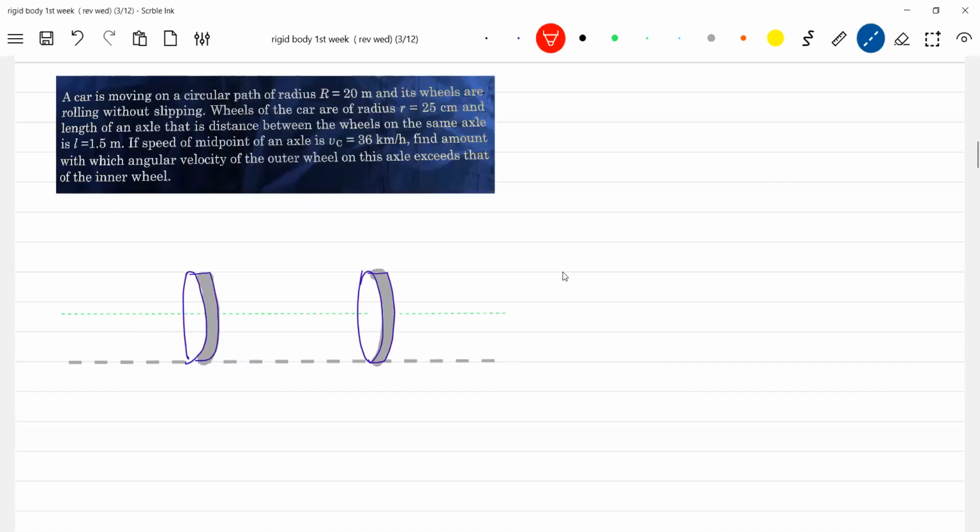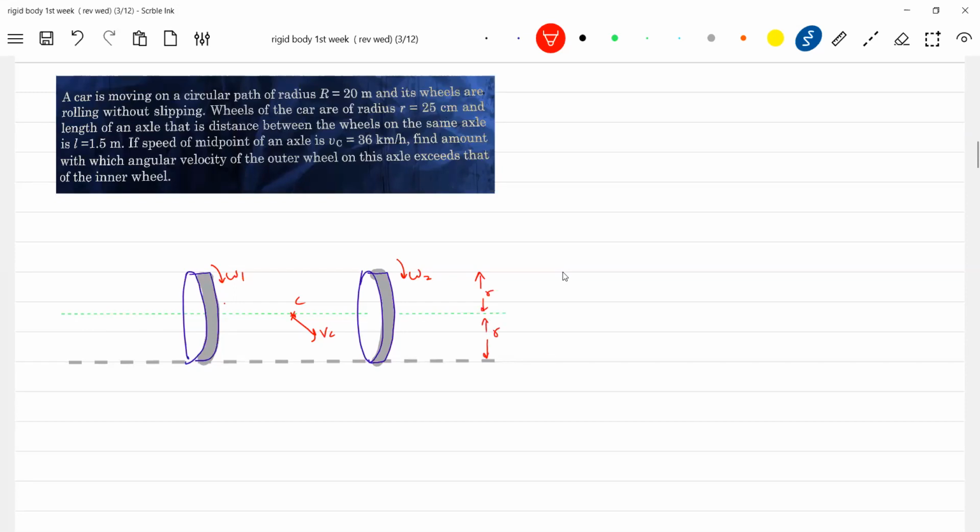The midpoint. I'll better show it here only. I can't draw all that car, only till here I'm able to draw it.